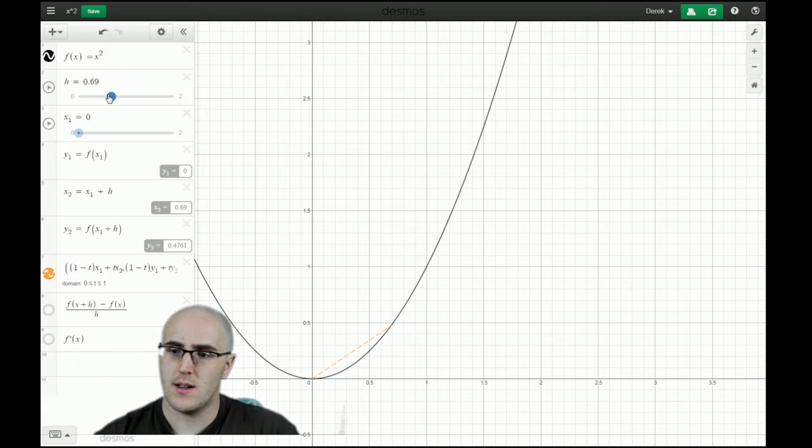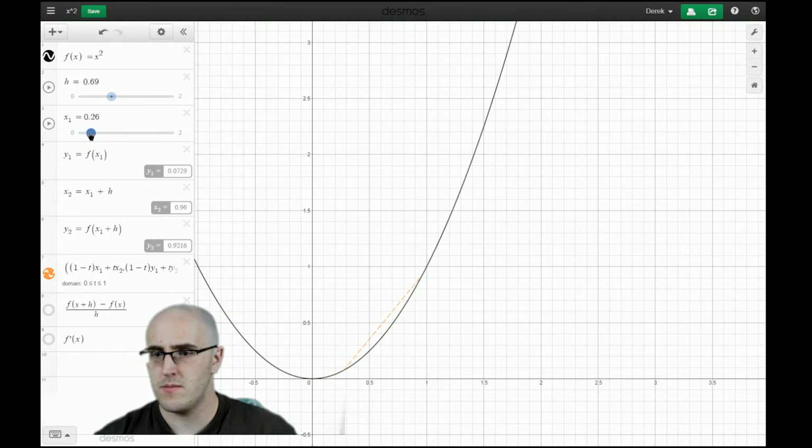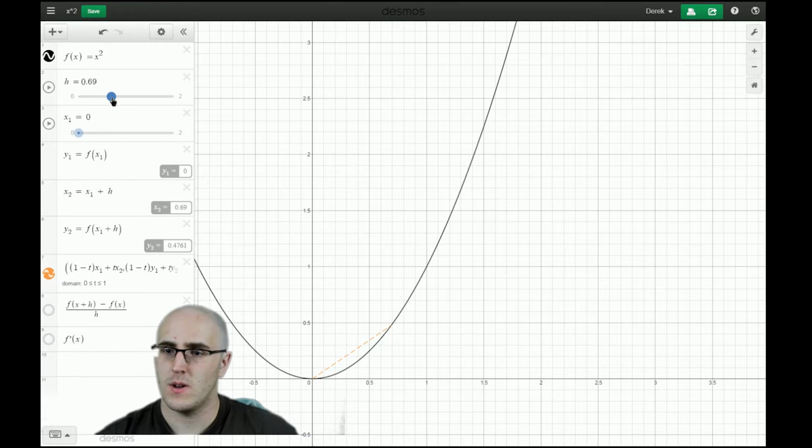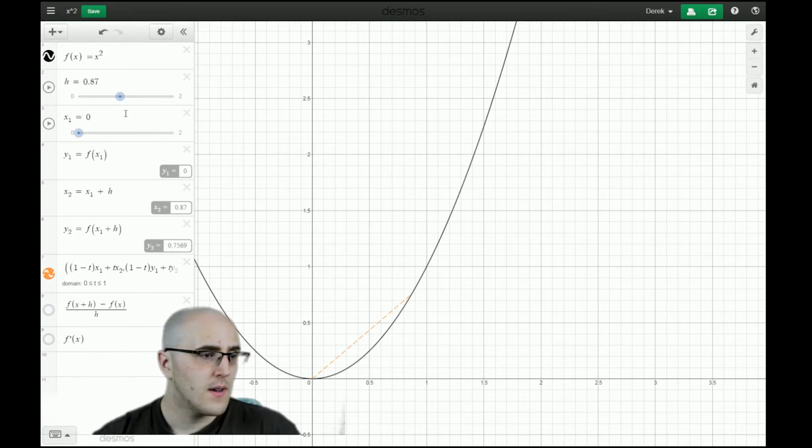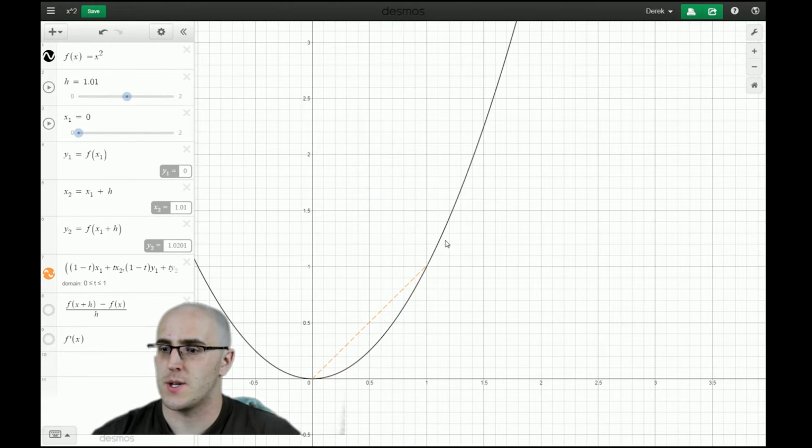This just draws a line from x1 to x1 plus h. Does that make sense? This is x1, f of x1. This is x plus h, f of x plus h. So we have this parameterization that draws this line for me. I'm just going to use this to illustrate what's going on here.